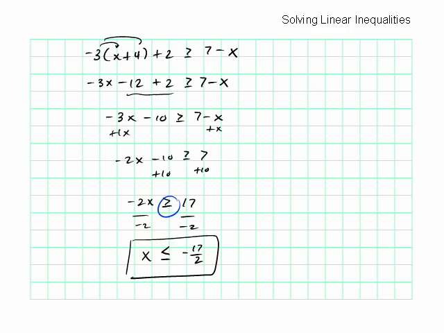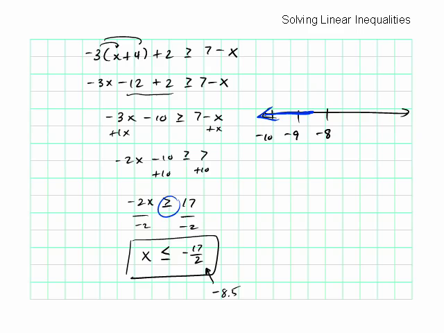And what is -17/2? It's -8.5, I believe. -8.5. So on a number line, we would shade everything less than or equal to -8.5, which would be right about here.